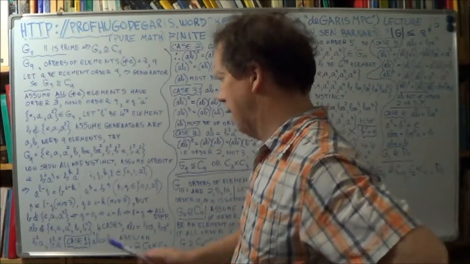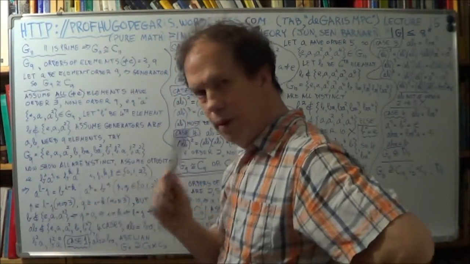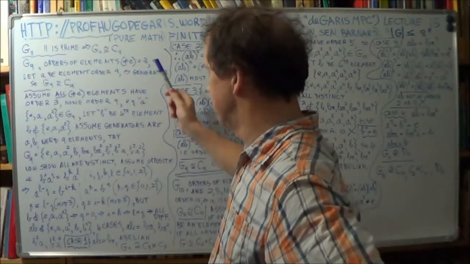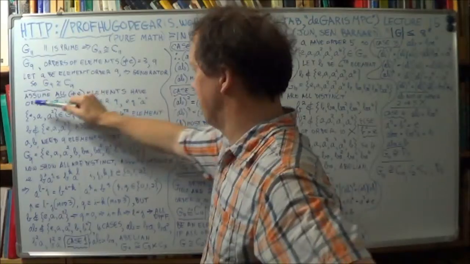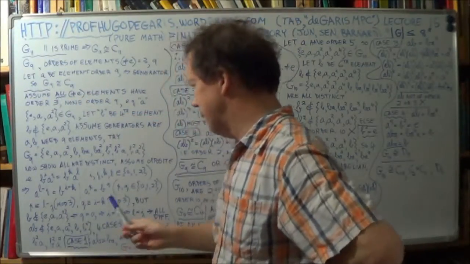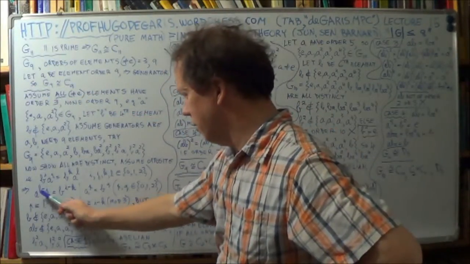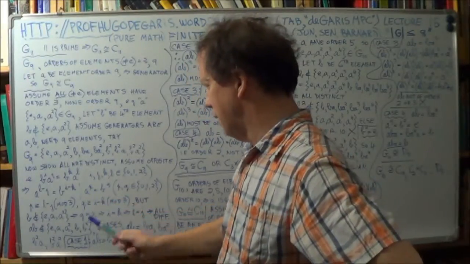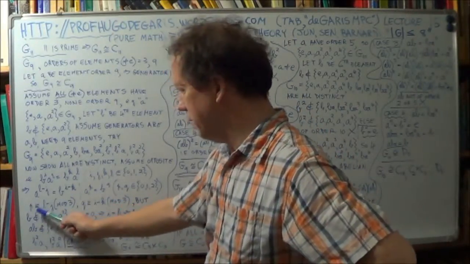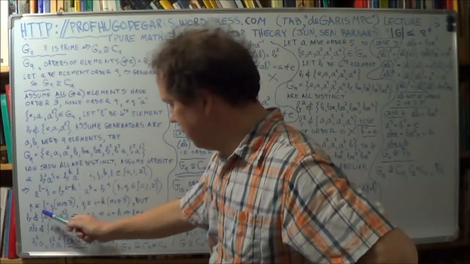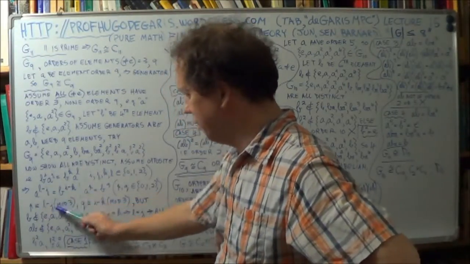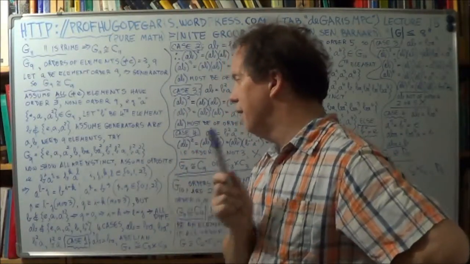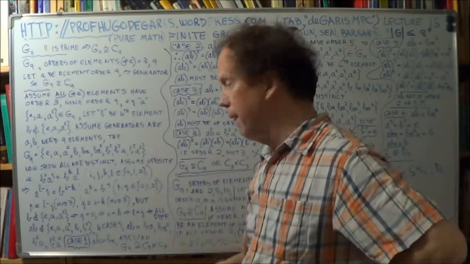Now, A and B are both of order 3. That's here, we've assumed that. So we can rewrite L minus J as P, and P will be congruent to this mod 3, because the order of A is 3.